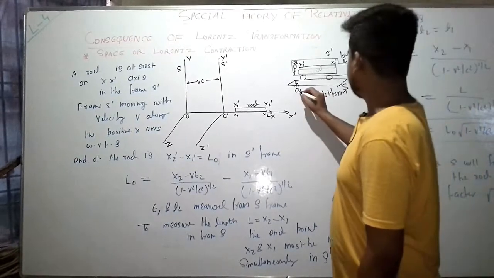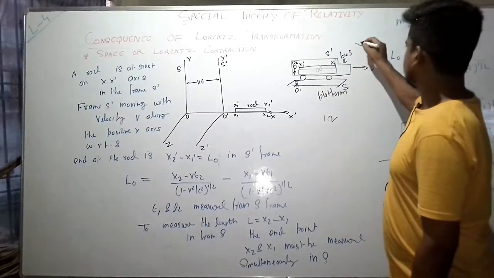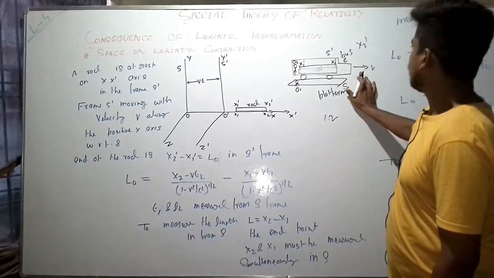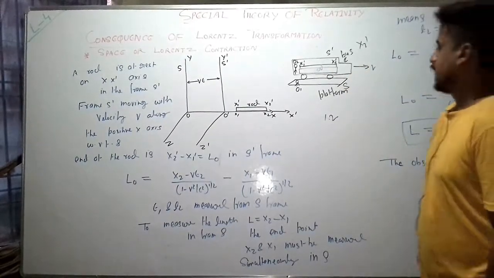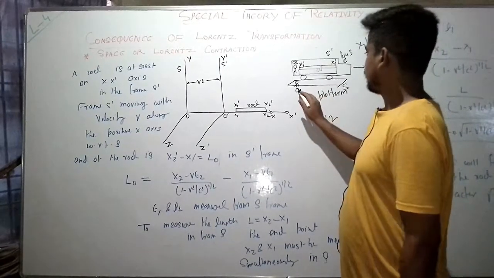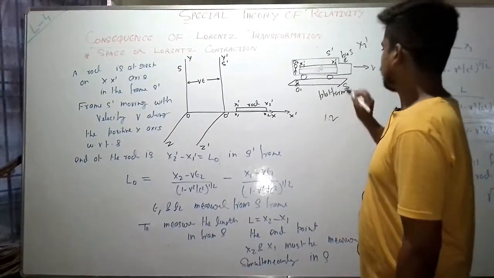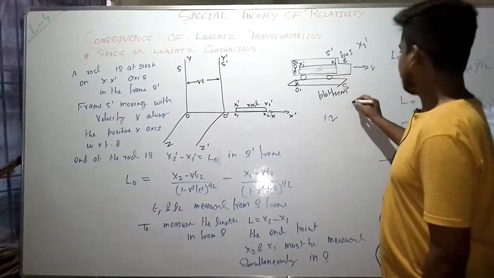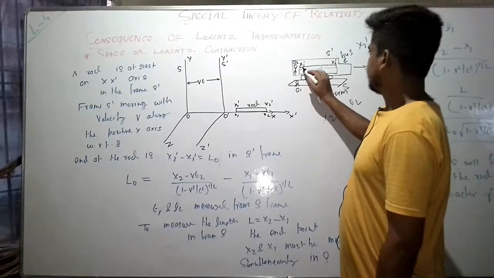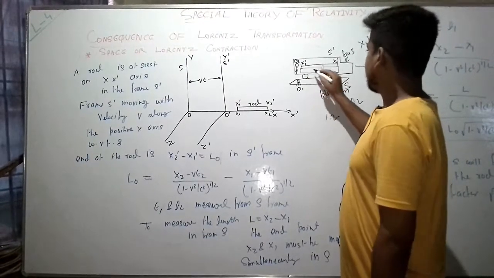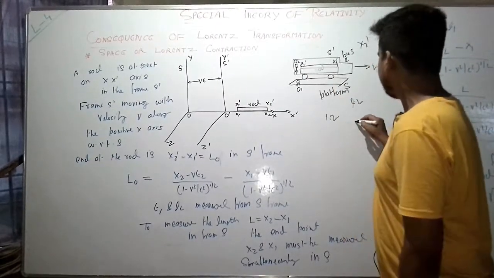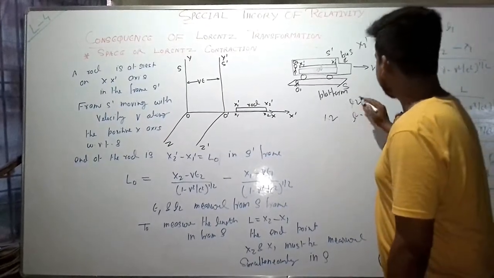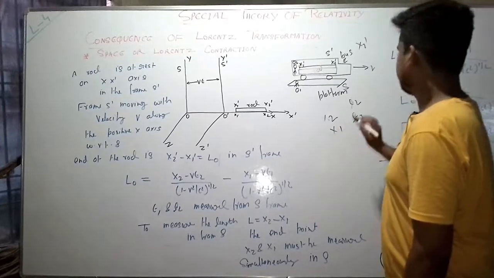The observer O1 on the platform S is measuring end point x2 at time t2 and end point x1 at time t1.